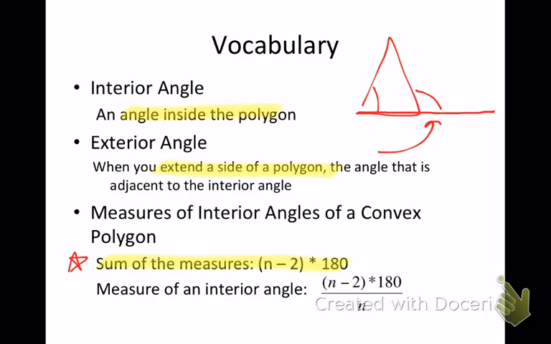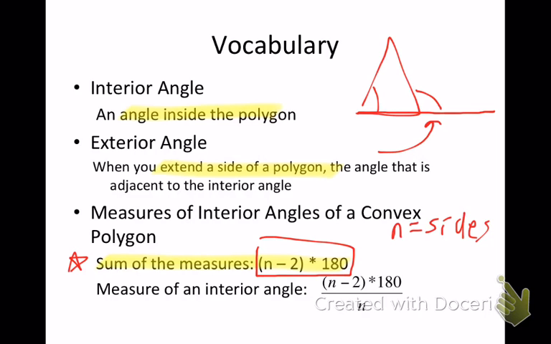If I wanted to find out what all the angles of a certain shape add up to, I would take this formula right here, n minus 2 times 180, where n is the number of sides. N represents the sides. So for example, a triangle, how many sides does a triangle have? 3. I would plug 3 in there. 3 minus 2 is 1. 1 times 180. Well, we already know the interior angles of a triangle add up to 180, and that just kind of proves that. Okay?